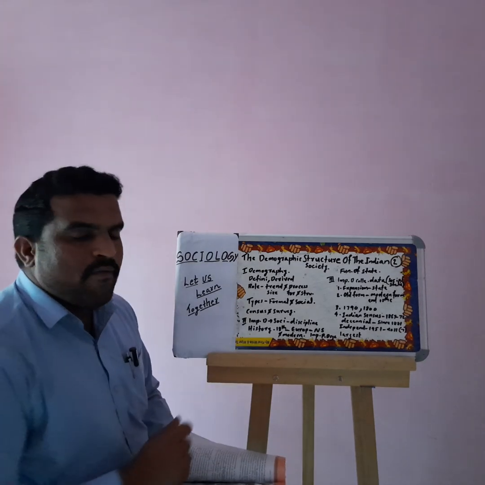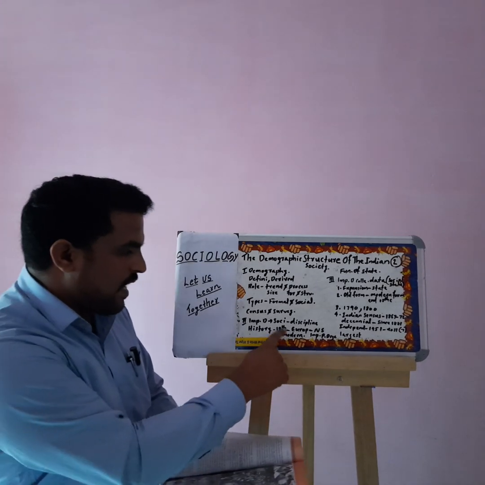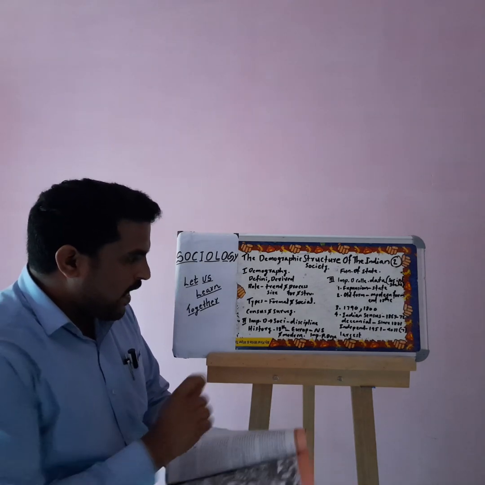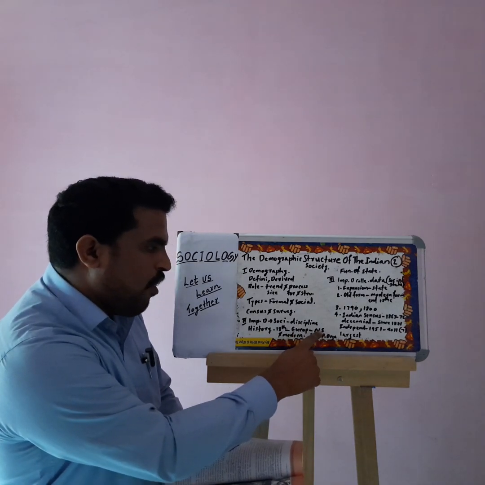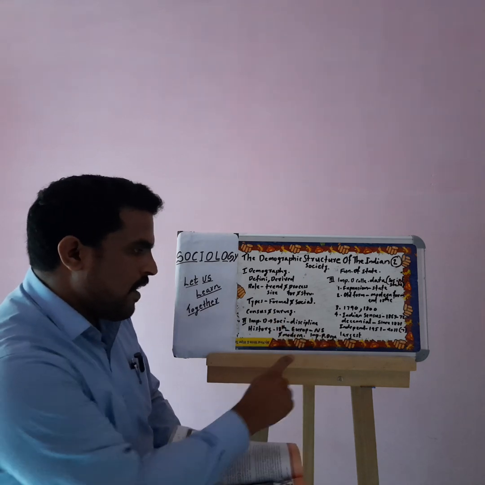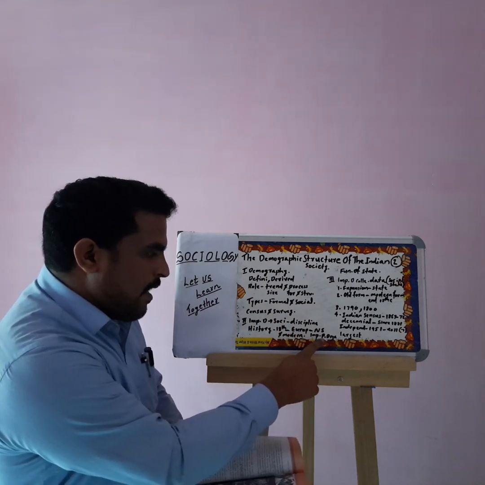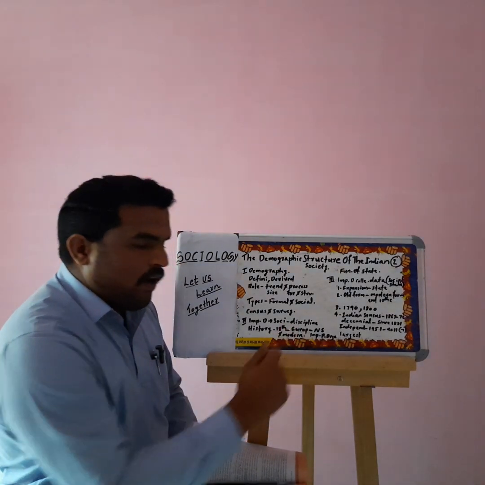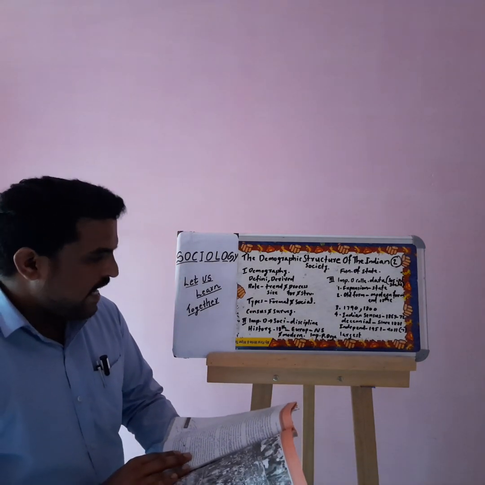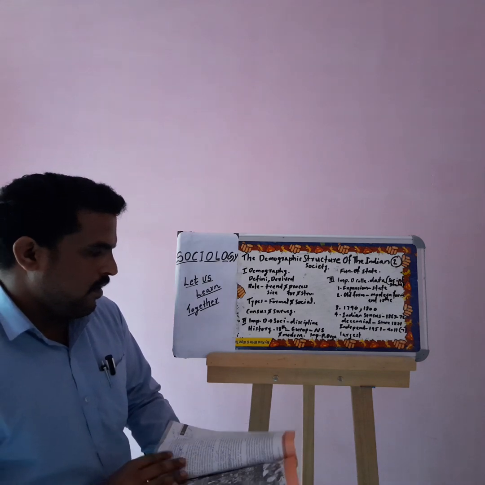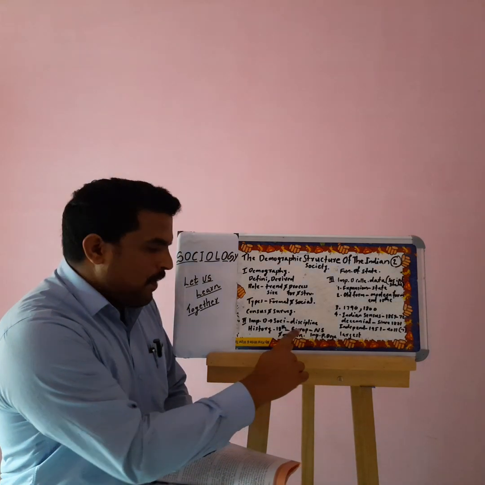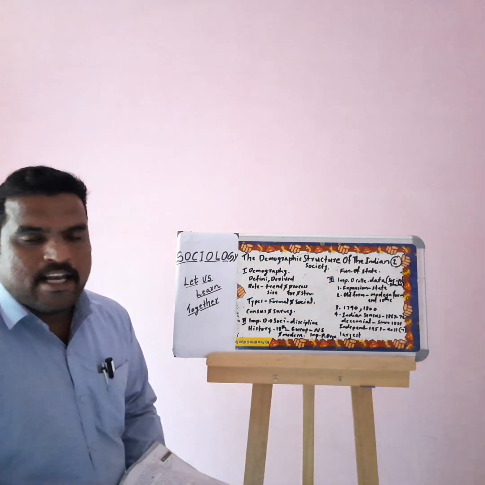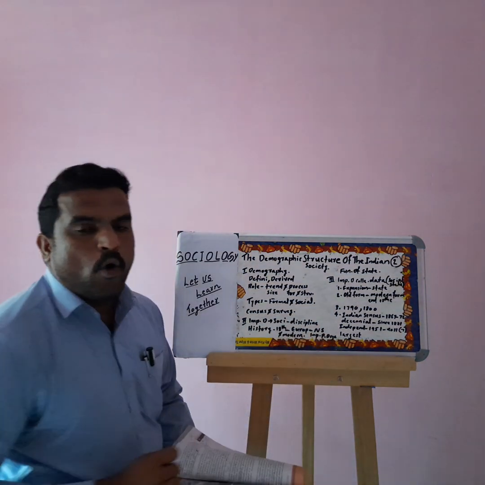When we go through history, we can see that in the 18th century, the nation state developed and formed as an important political organization. In Europe, in the 18th century, the nation state formed as an important political organization.